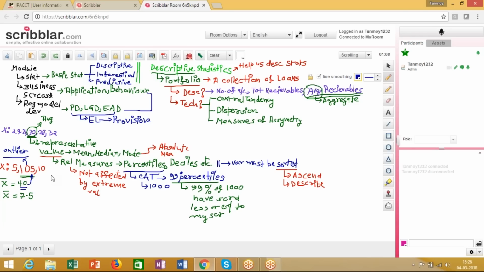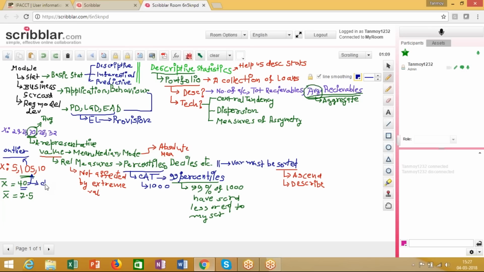If the outlier value had not been there, then x bar would have actually been 7.5, around 10. But given 105, the overall variation has increased so much that the mean has shifted to 40. Now over here I can clearly see that this is a big challenge. The nature of the central tendency has got distorted because of this extreme value. So the existence of an outlier distorts the mean as a central tendency.